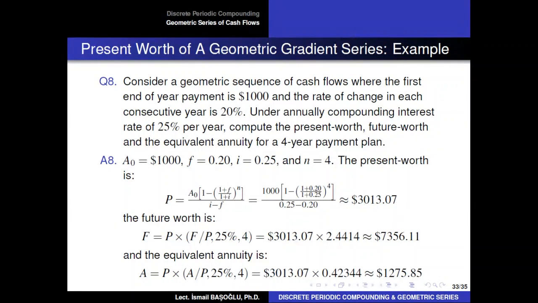So my friends, this means this. Right now, if you have $3,013.07 invested here for the following 4 years, from that account you can withdraw $1,000 at the end of the first year. At the end of the second year, you can withdraw $1,200.